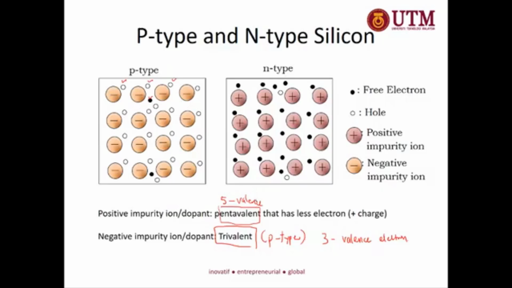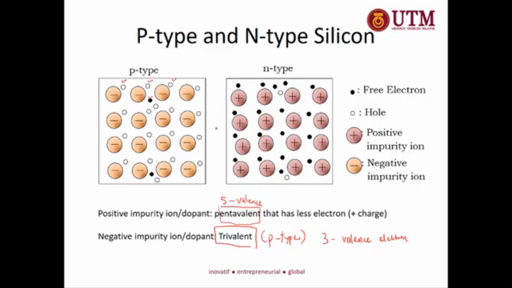This one valence electron will be released and become a free electron. And then when the valence electron is released, the pentavalent atom will have fewer electrons compared to the protons inside the nucleus. So it becomes positively charged because of fewer electrons.